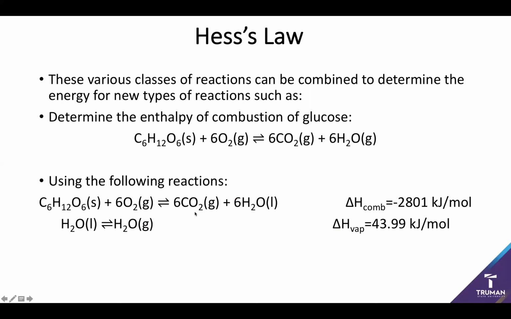If I'm combining these reactions, I'd have to add in 6 of this reaction. My 6 waters cancel out, and I'll have 6 water molecules in the gas phase. So again, I'm doing the same thing with my enthalpies, where I take the enthalpy of combustion plus 6 times the enthalpy of vaporization.